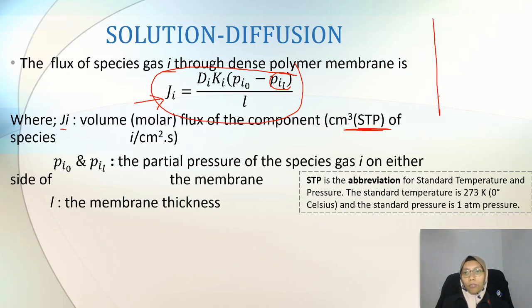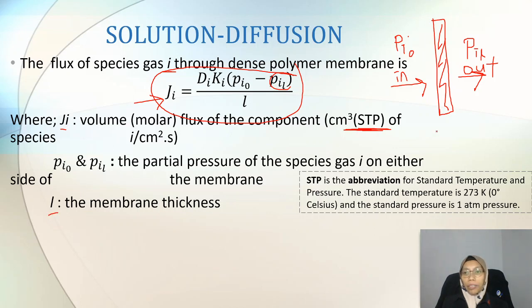Imagine this is your membrane, this is your inlet side, and this is your permeate side, or what we call the outlet. So this is your PiL, and this is your Pi0, or either way.